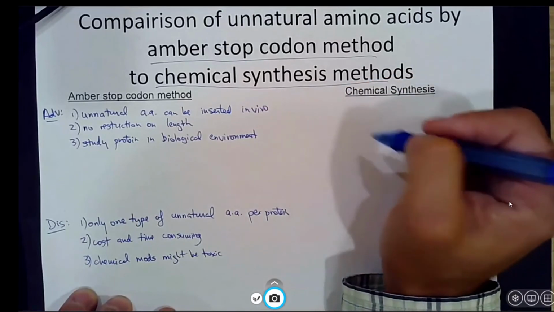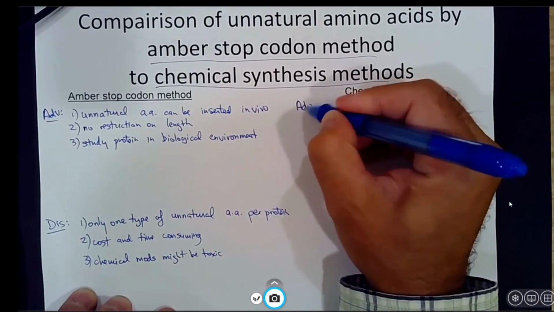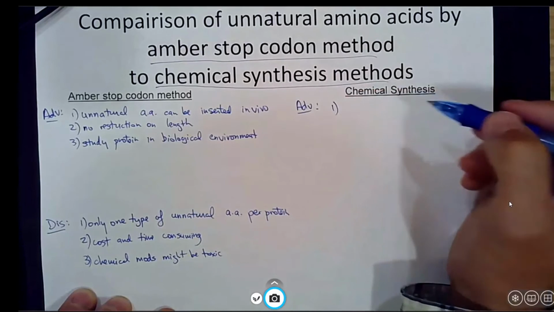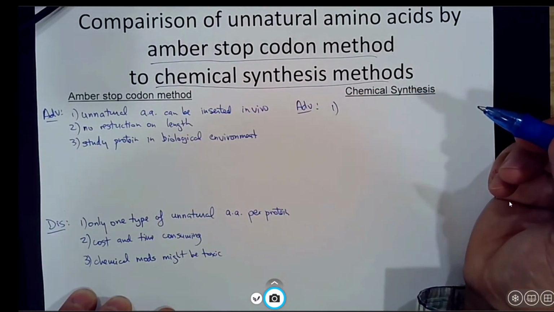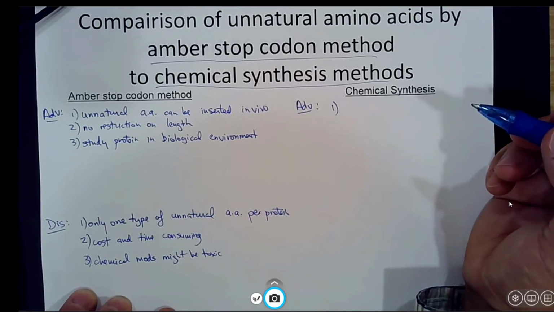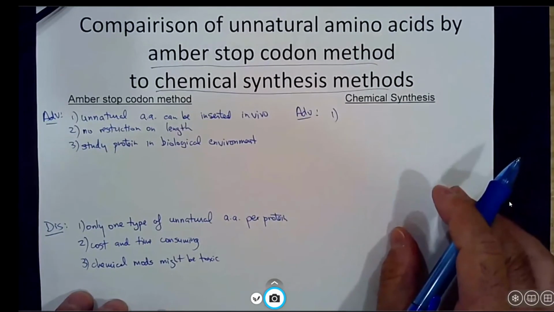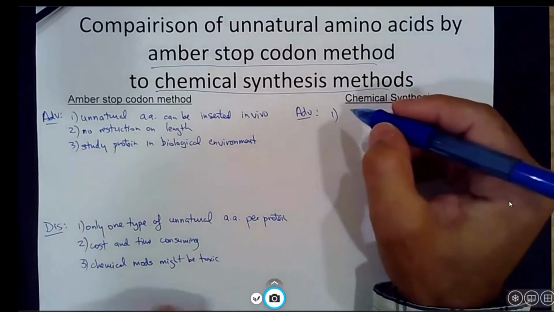Okay, so now we're going to compare this to chemical synthesis. So in general, there's no restriction on the number of unnatural amino acids. I mean, you could have a peptide or protein that you make chemically that is made entirely of unnatural amino acids.